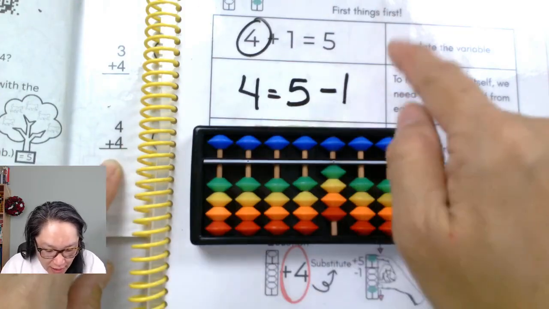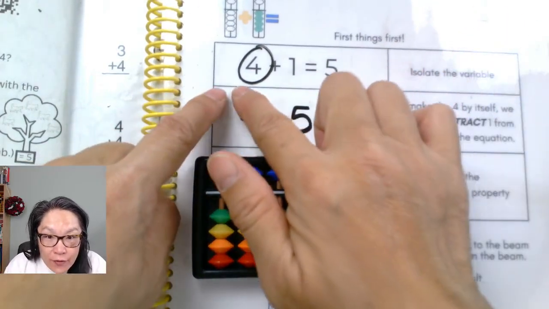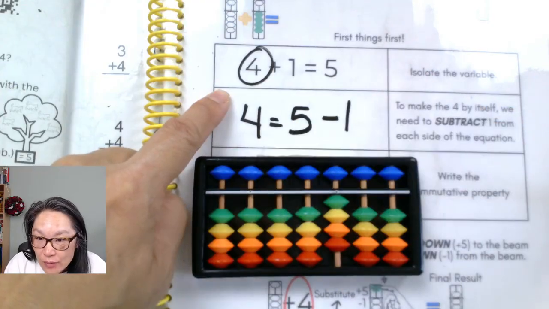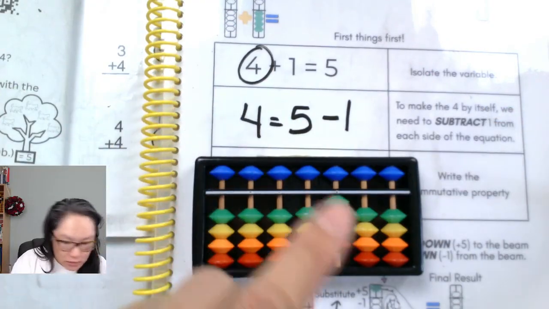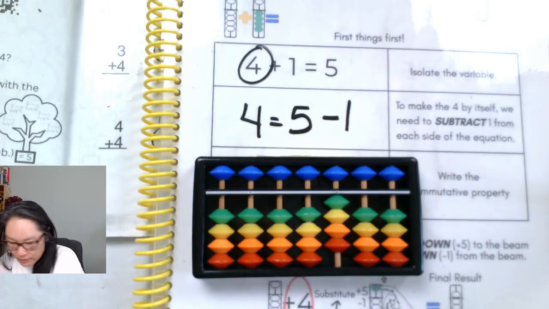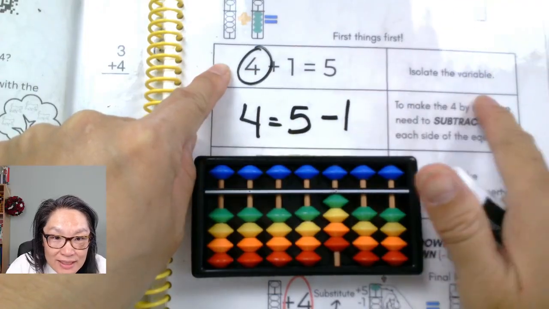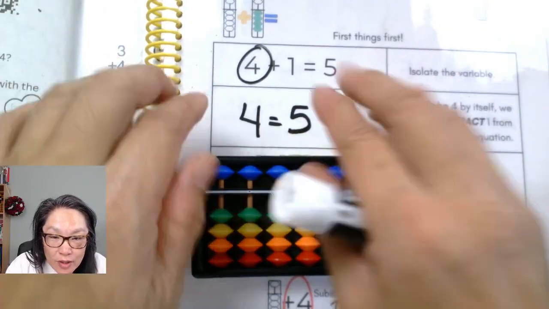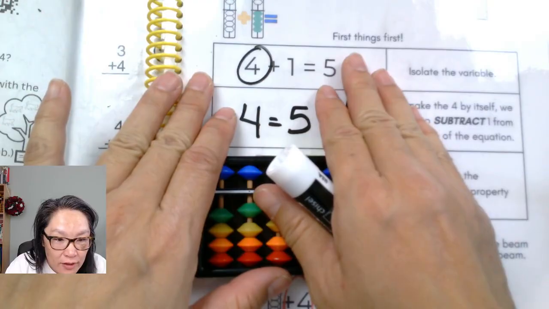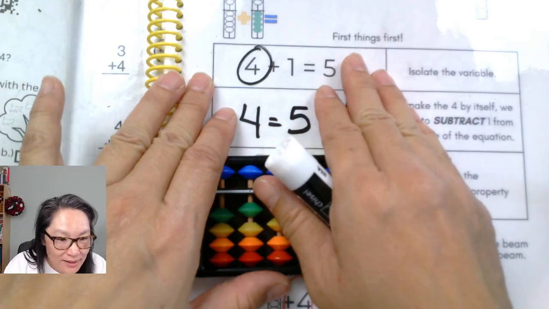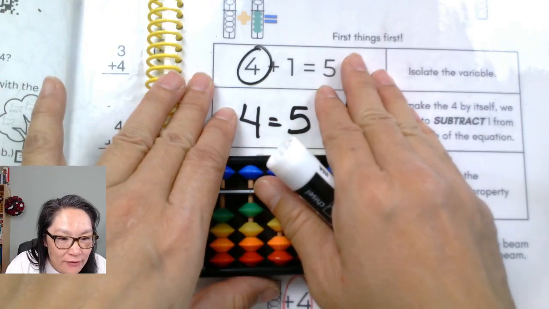So I have this concept: 4 plus 1 is equal to 5. Because of that, I'm going to modify this. I'm going to isolate the variable. When I isolate the variable, I get 4 is equal to 5, but that's too much. It's not balanced anymore.